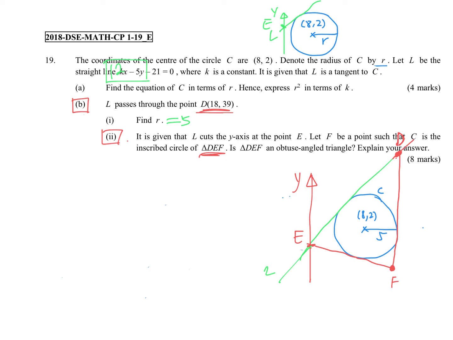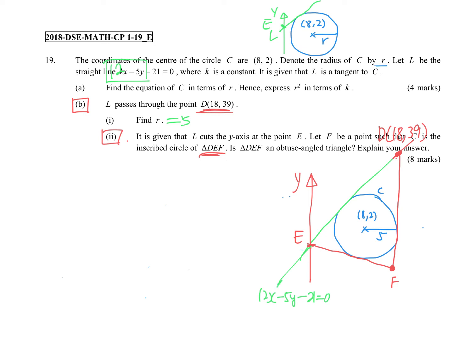So first of all, D is known. D is (18, 39). And then L has been found. The equation is 12x minus 5y minus 21 equals 0. So that means E can also be found by putting x equals 0.